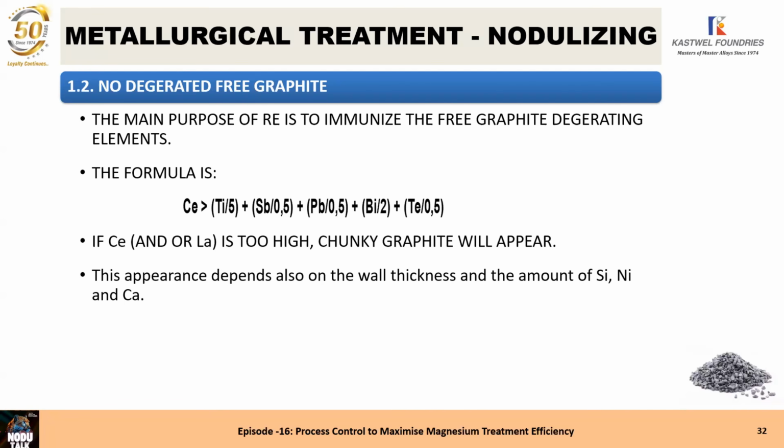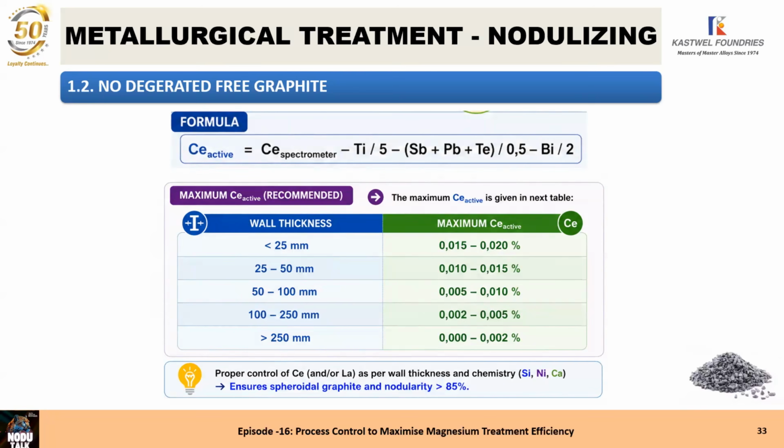So if we see the new types of ductile iron from the EN standard with a higher silicon, about 3% and more, pay attention, because chunky graphite is appearing very quickly. Here again, I give a recommendation that I use about the cerium, that should be cerium from the spectrometer minus the other compensated elements.